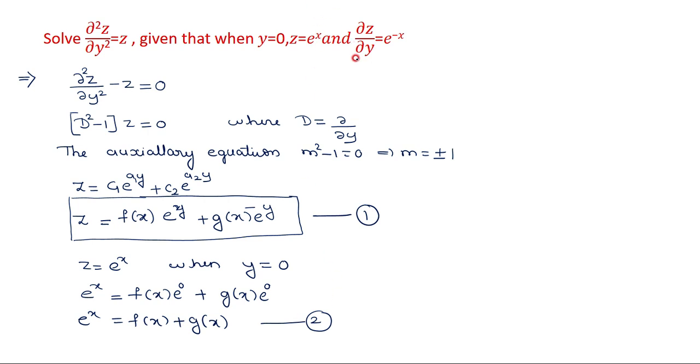Now the other condition given is that ∂z/∂y = e^(−x). So to substitute this condition, we need to differentiate z, that is equation 1, partially with respect to y.